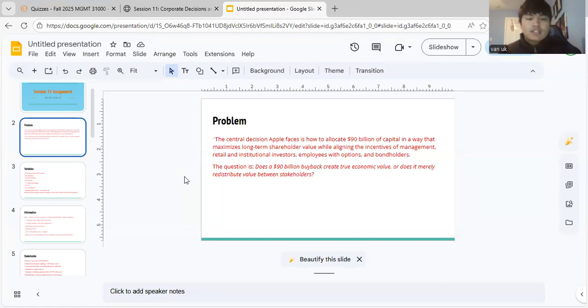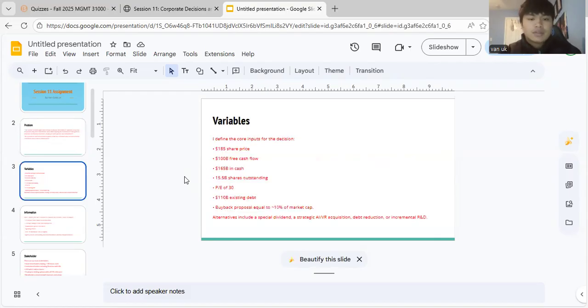Okay, the problem is the central decision Apple faces is how to allocate $90 billion of capital in a way that maximizes long-term shareholder value while aligning the incentives of management, retail, and institutional investors, employees with options, and bondholders. The question is, does a $90 billion buyback create true economic value, or does it merely redistribute value between stakeholders?